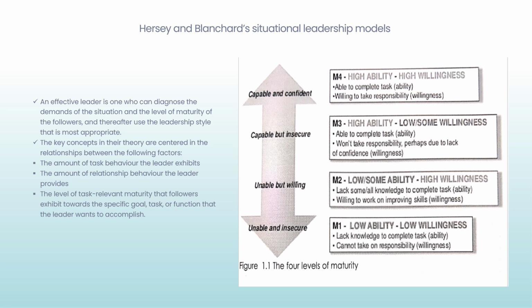But what about your followers? If you understand your followers on these 4 levels, you are able to treat each and every one so that you take all of them to maturity, then they will be able to accomplish the goals together with you.